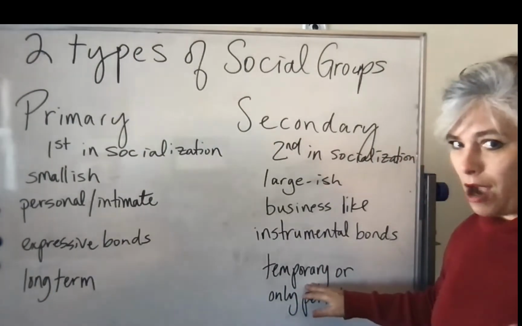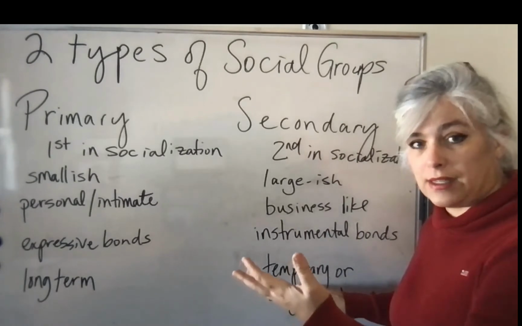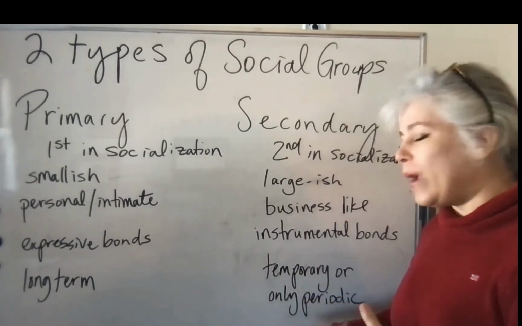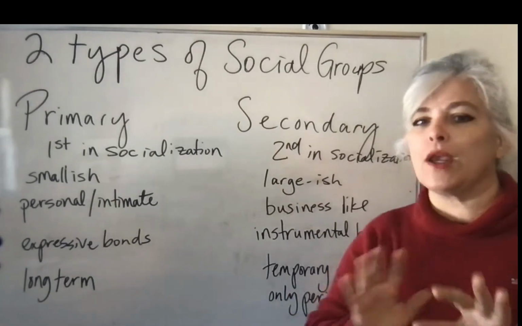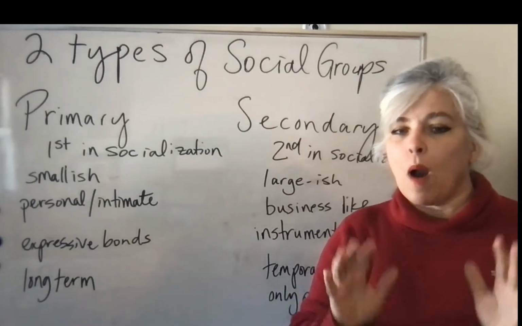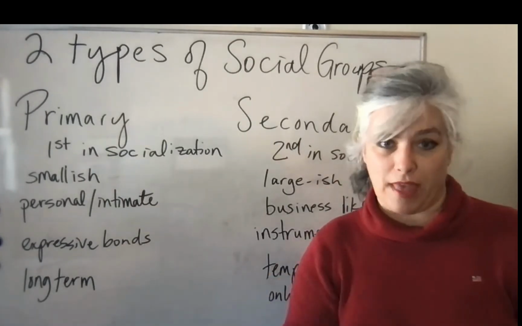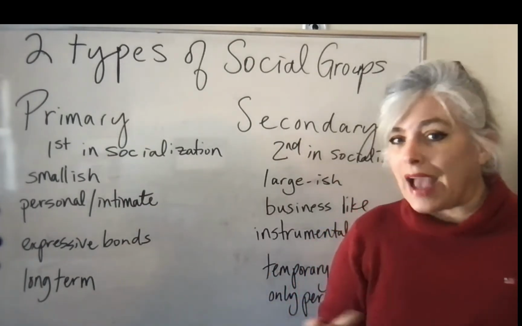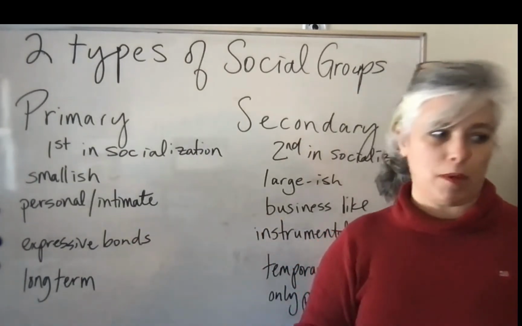Also, as we talked about already, in this particular secondary group that we're using as an example, our class together, we have a temporary bond, okay? It's temporary or maybe only periodic. Most of my students, I have a temporary bond for the semester with them. Often, I hear from students after they've had my class and they say, hey, I'm going to pharmacy school, I'm applying for this scholarship.